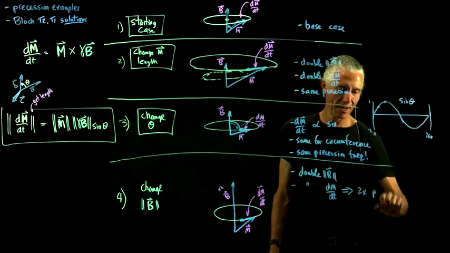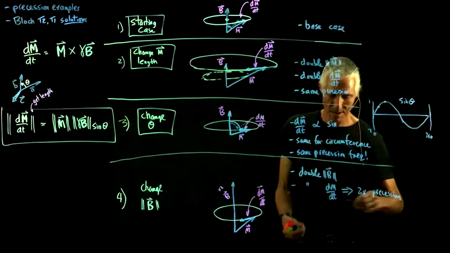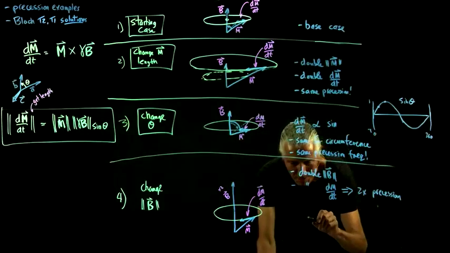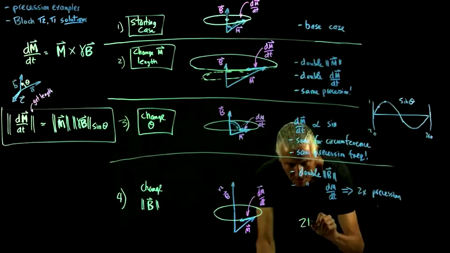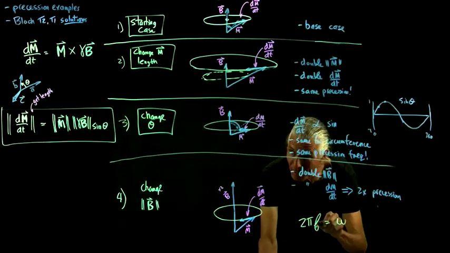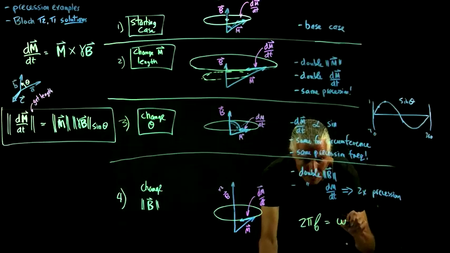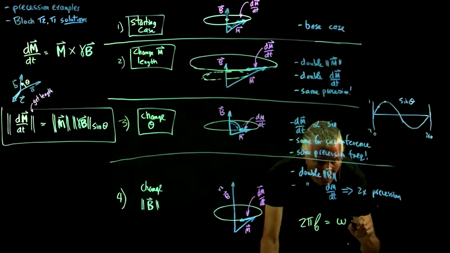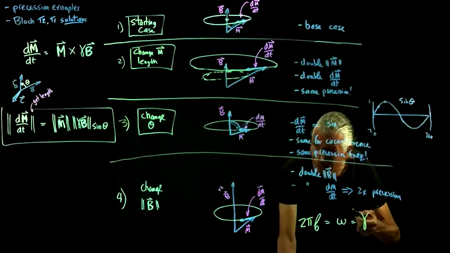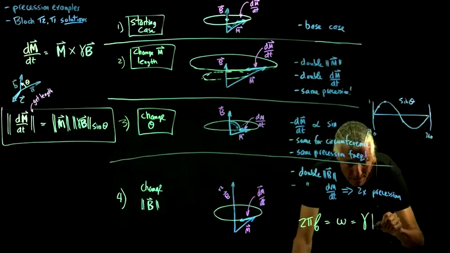And like I said, we kind of already knew this because we had that original equation, which was just our most simple equation, which was 2 pi times the frequency equals radians per second. So we could either have cycles per second, that's F, or radians per second. And that just equals that fixed constant times the length of the B.